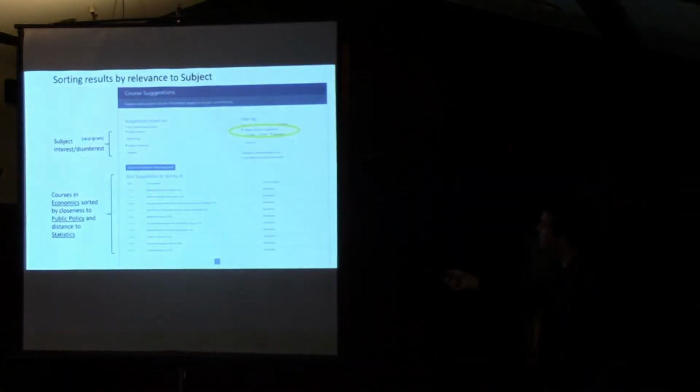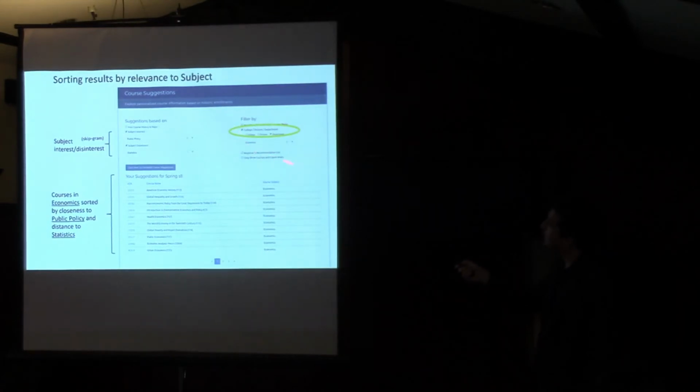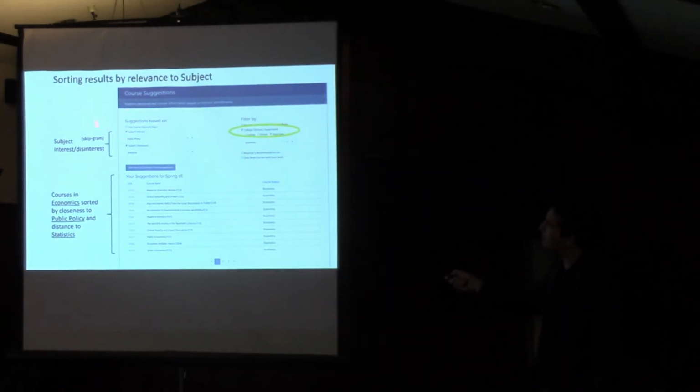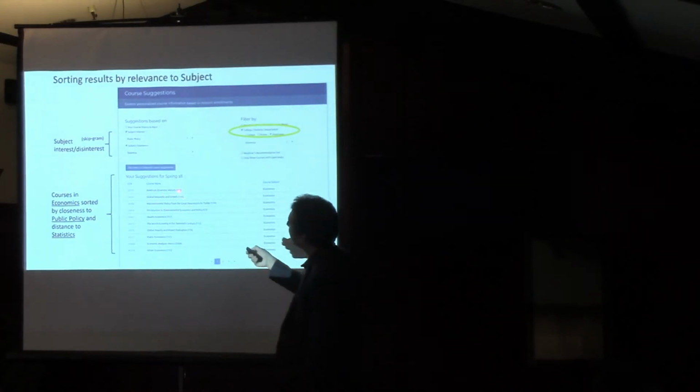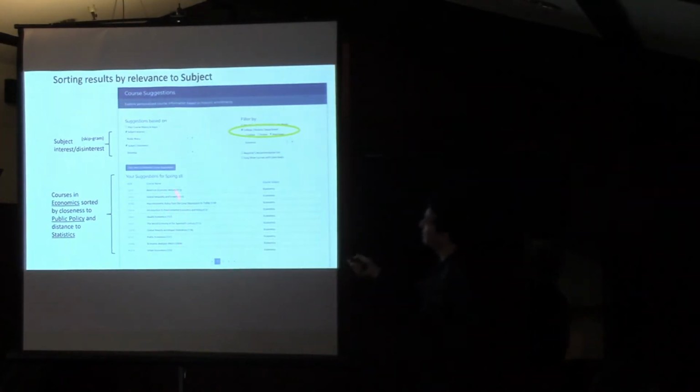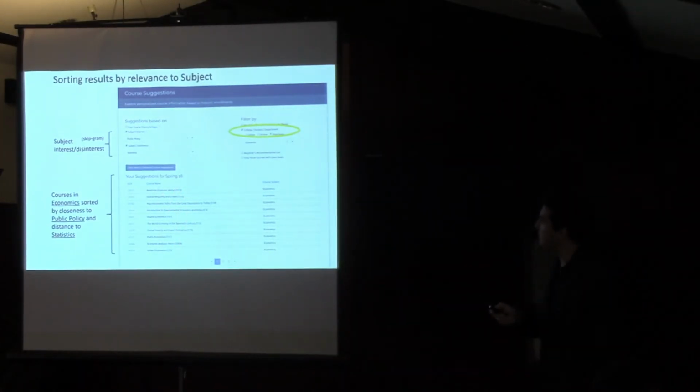On this page, students can say they only want to look at economics courses, and then sort those courses based on their closeness to public policy and their distance from statistics. And if you could see this, you get a lot of public policy courses within economics, which is just inferred from this vector space.